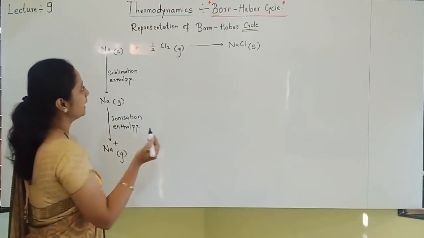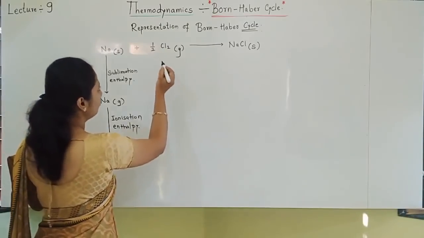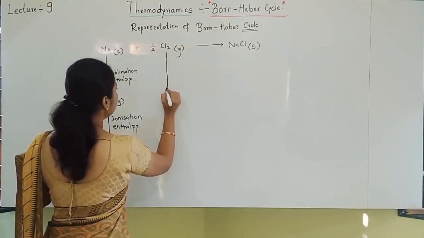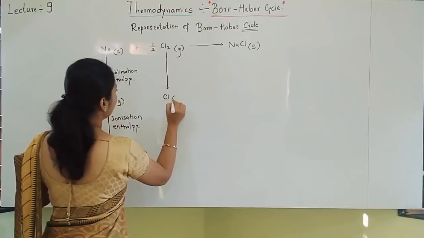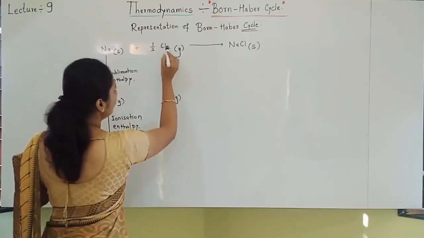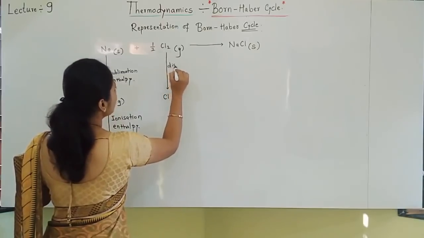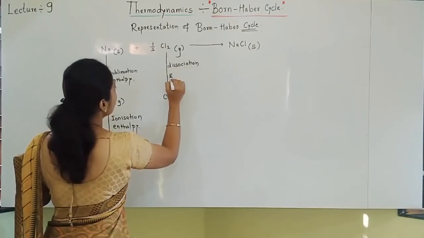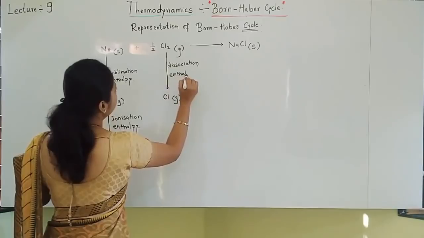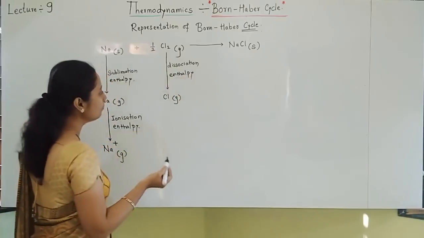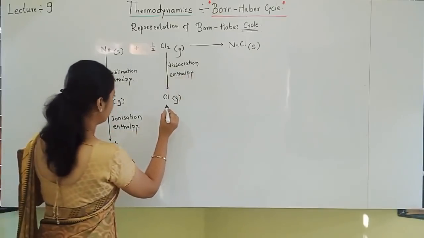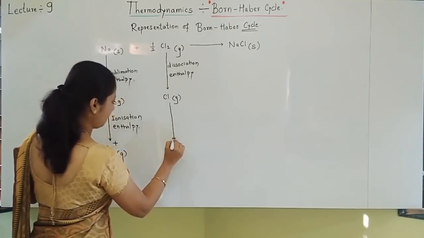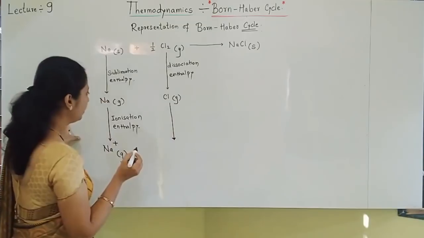2 steps over. Next, moving towards chlorine. We don't want the complete Cl2 molecule. We want only one Cl. It is already gas. We want only one. So this is called dissociation enthalpy. After chlorine gets converted to gas, next step, chlorine is gas.